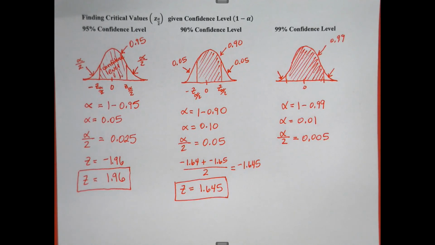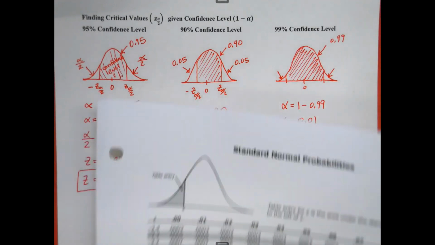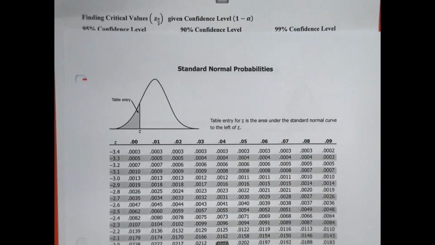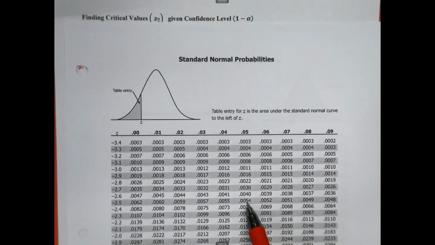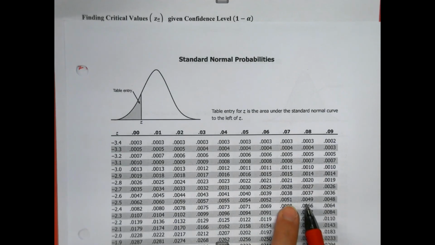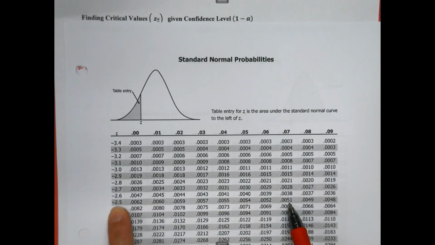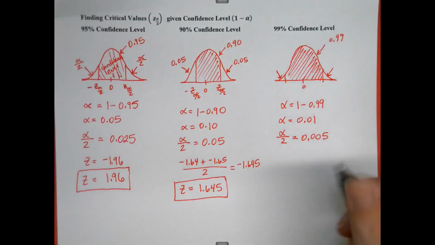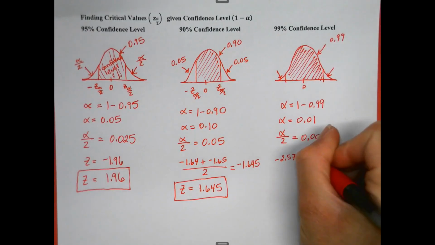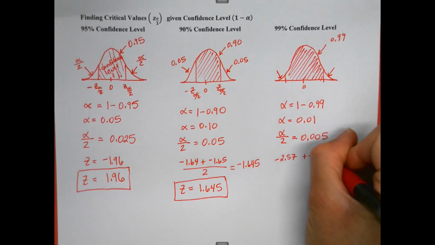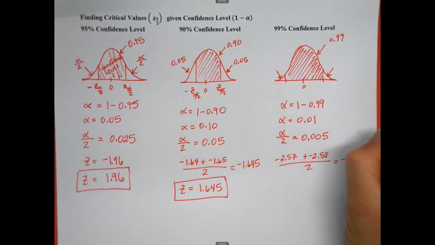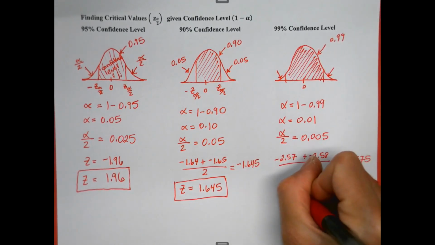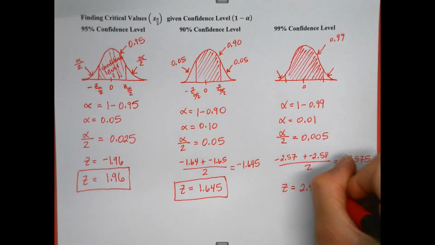And we find 0.005 in our table. It is exactly halfway between negative 2.57 and 2.58. So therefore, we average those, which gives us negative 2.575. So our z is going to be 2.575.